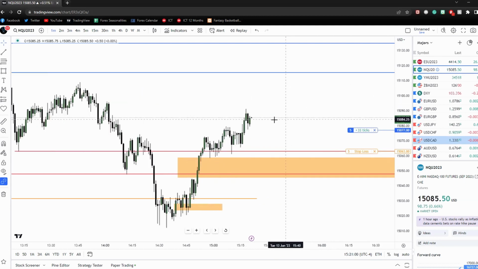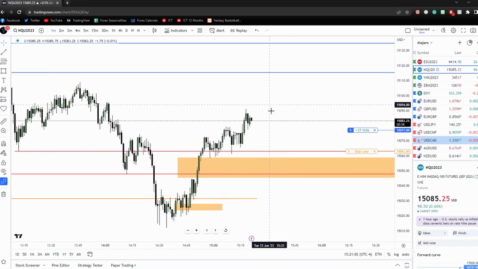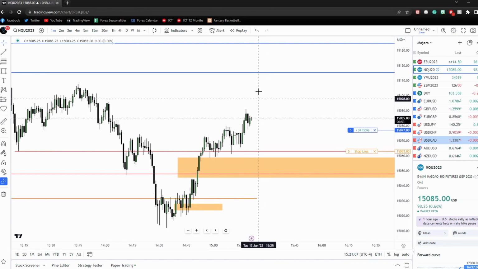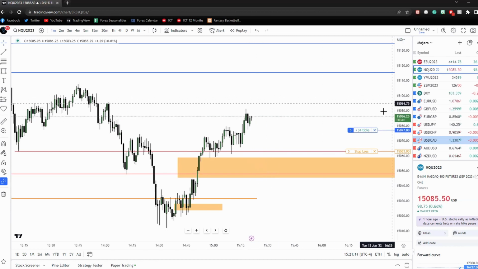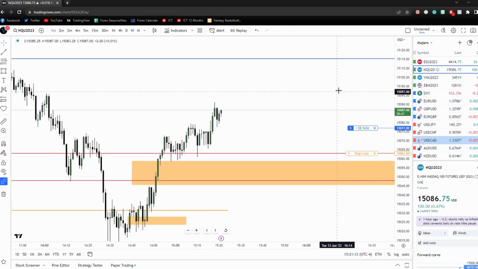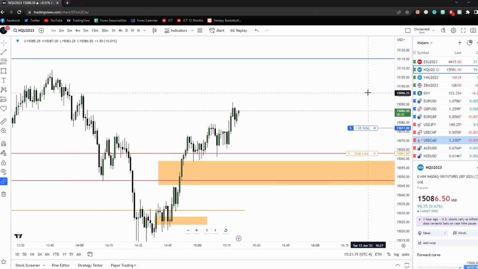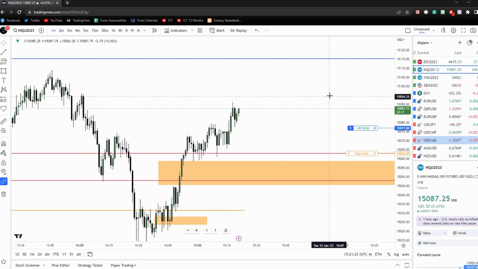Yeah. I want this to be a green candle. This 1 minute candle, I want to see this be a green candle. Take out this high and take out this high and run higher. Okay, that's what I want to see. Okay, it's a green candle. Let's see if we can get above it. Really want to see it get above it.